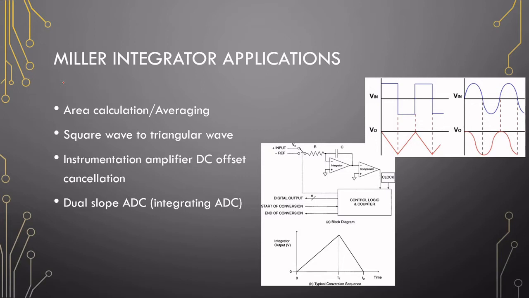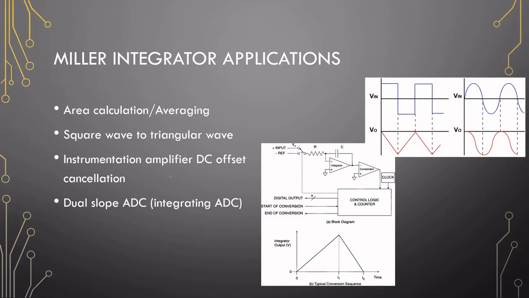The integrator can also be used to convert square waves to triangle waves, since you integrate over time, and we can also convert sine waves to cosine waves, just like we did with a differentiator.